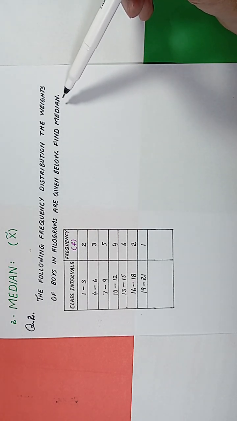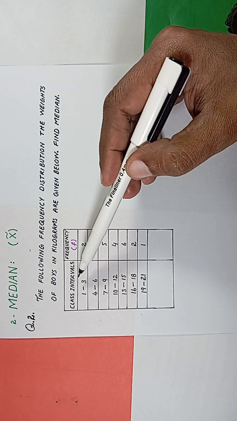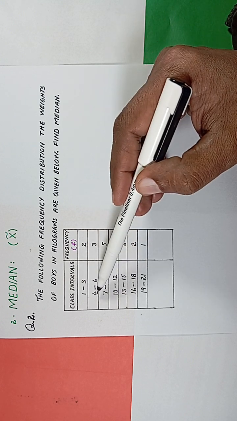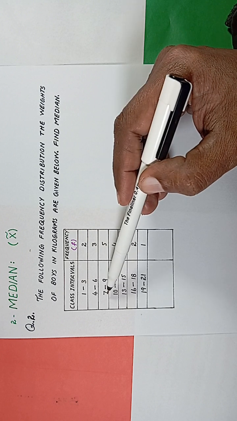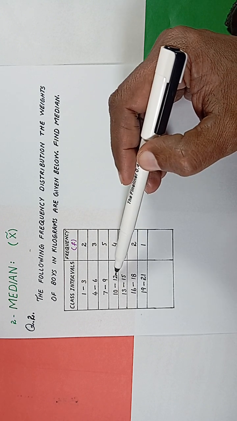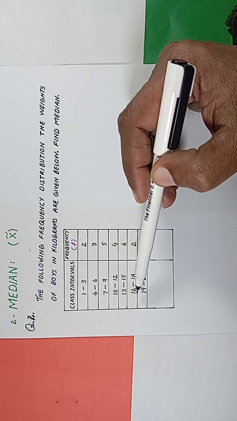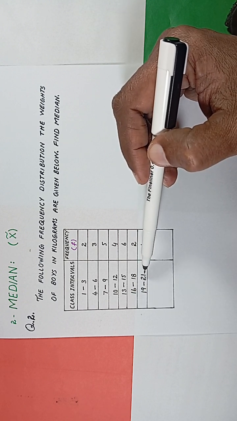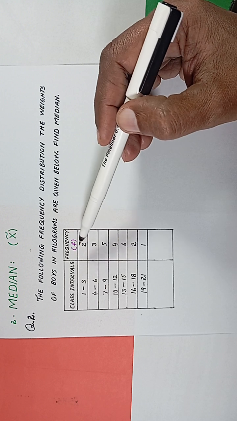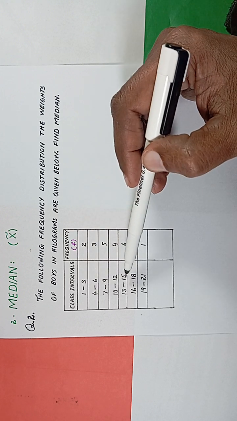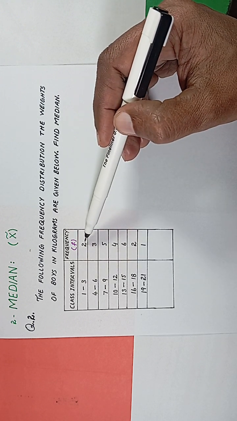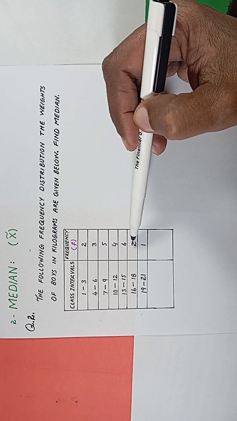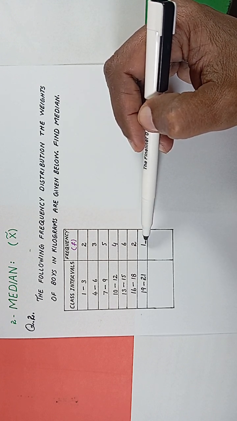Find the median. So here students, we are given the class intervals 1 to 3, 4 to 6, 7 to 9, 10 to 12, 13 to 15, 16 to 18 and 19 to 21. And the frequencies of these class intervals are 2, 3, 5, 4, 6, 2 and 1.